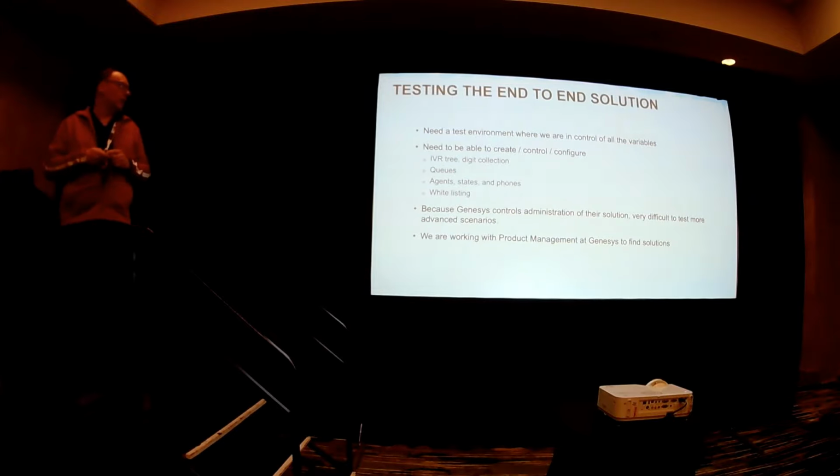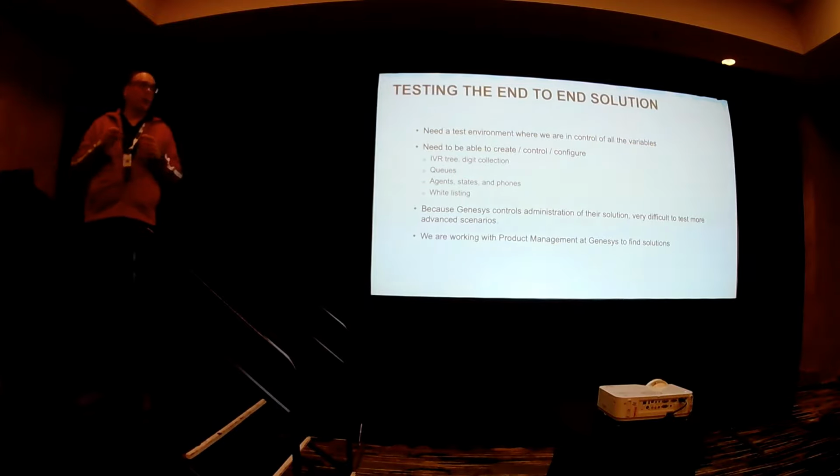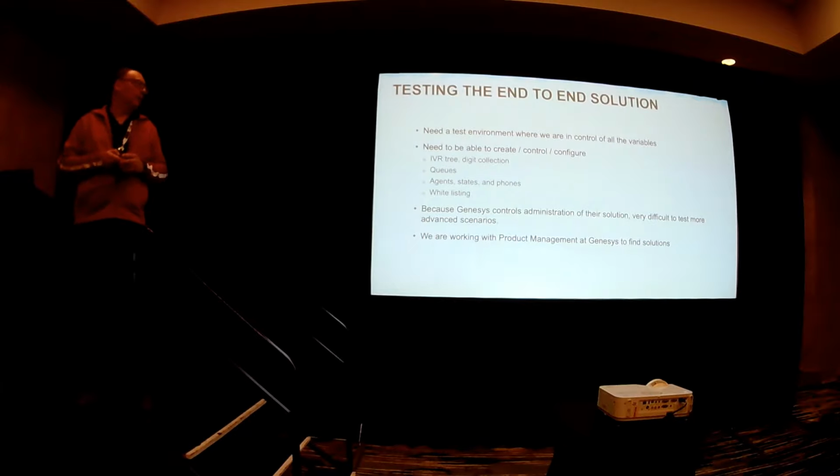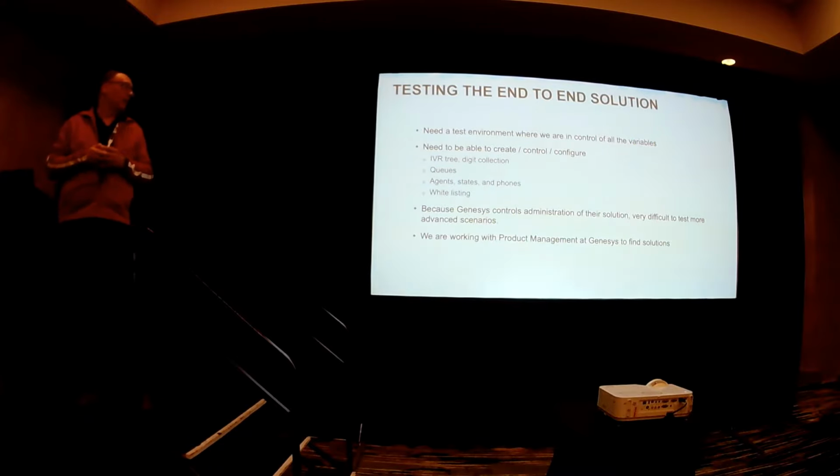We don't have control of that right now, so we can work with the Genesys team to make those changes for us, but it just makes for a longer development loop. You want to be able to control things just as you need them, without having to pre-plan things in advance and work with other teams to configure it. So it's just a trade-off.